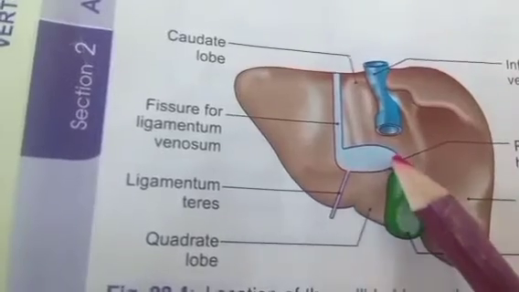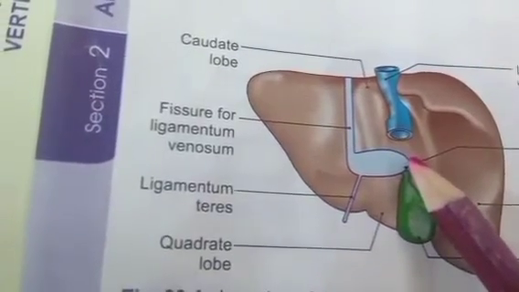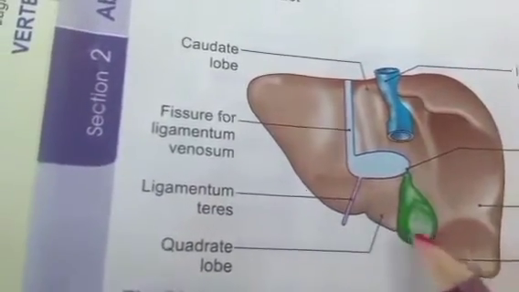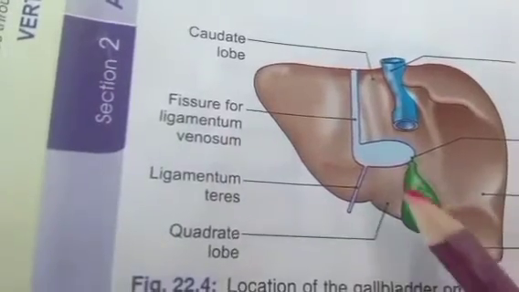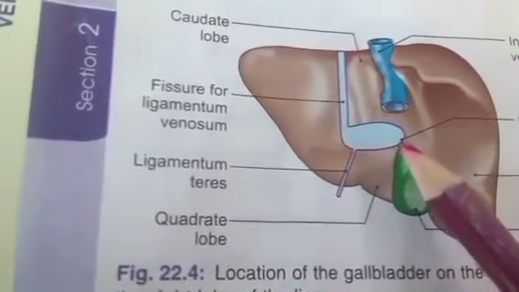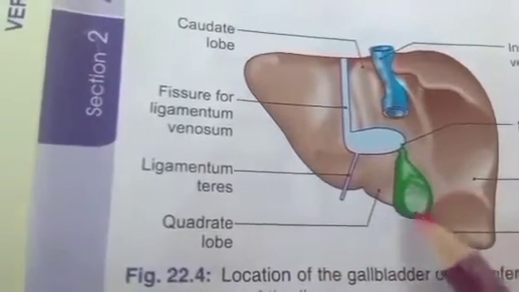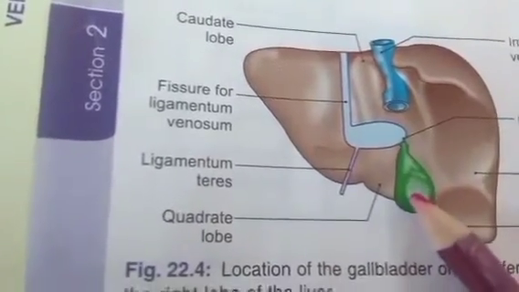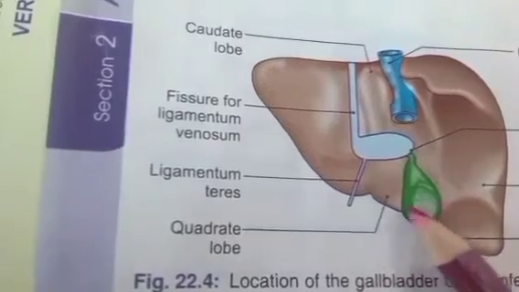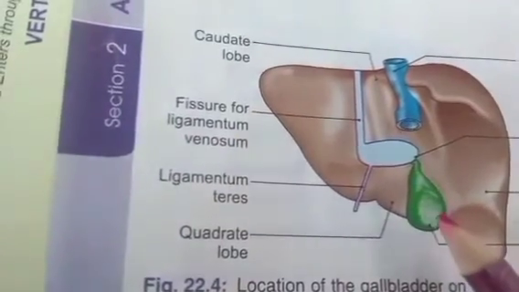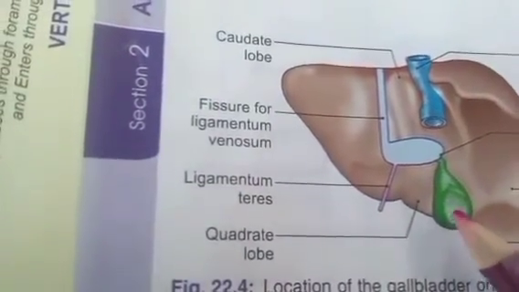It extends from the right end of the porta hepatis to the inferior border of the liver. The gallbladder is about 7 to 10 cm long, 3 cm broad at its base or its widest part, and its capacity is about 30 to 50 ml.